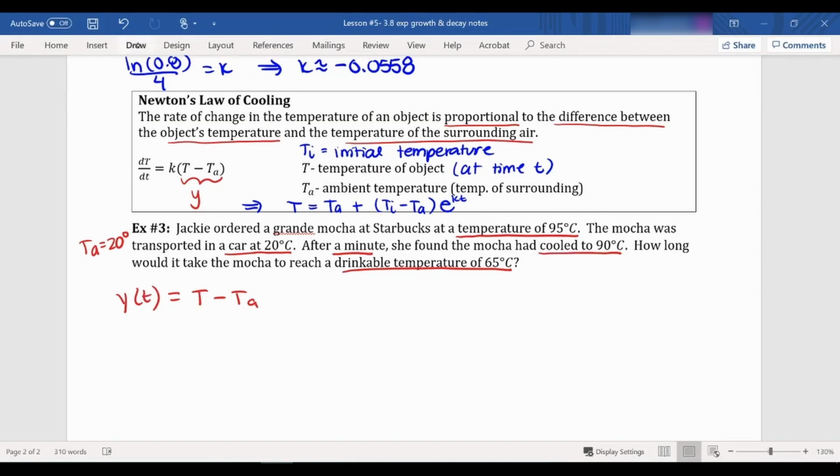Then y of 0, my starting temperature, would be the temperature of 95 degrees, that would be my big T, minus my ambient temperature 20, which would give me 75 degrees. Right? So this is my C value here.